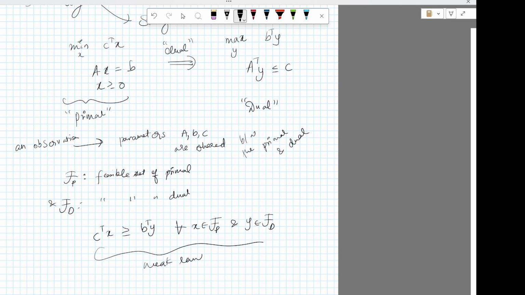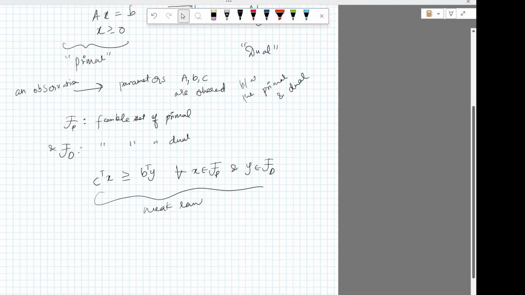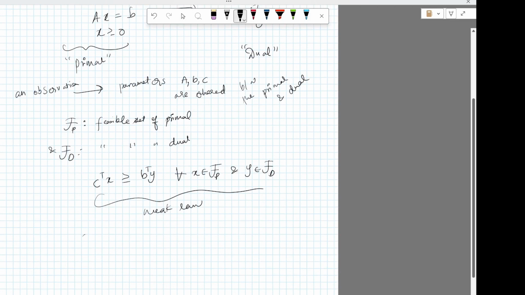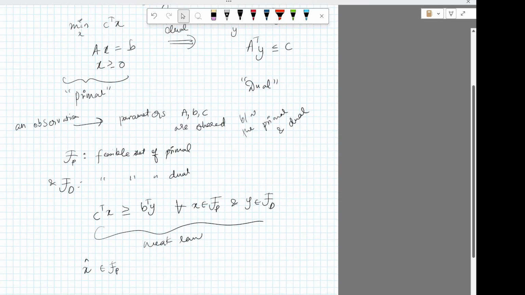So if you have a point x which satisfies the constraints of the primal, then the primal objective will always be at least the dual objective. Let's say I have some x hat which solves the primal, meaning x hat is in FP, it's in the feasible region, it satisfies all the constraints of the primal.